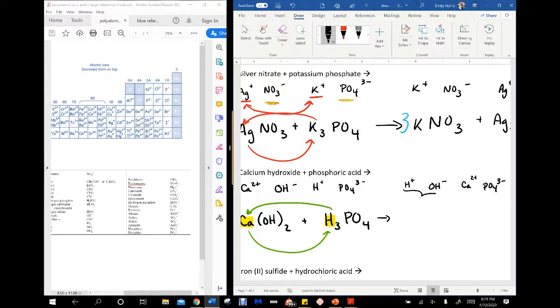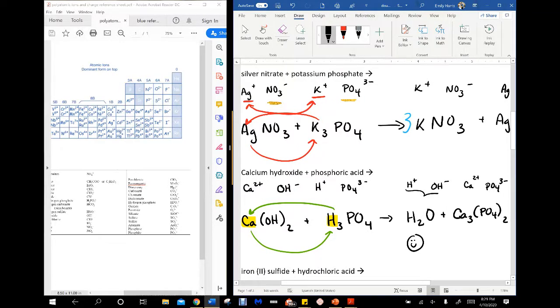And what that makes when you combine a hydrogen ion with hydroxide is that actually gives you water. So pretty cool there. And then for our other reaction, 2 doesn't go into 3 evenly, so we need to think about shooting for 6. So if I take 3 calciums and 2 phosphates, that would balance out with a +6, -6 charge.